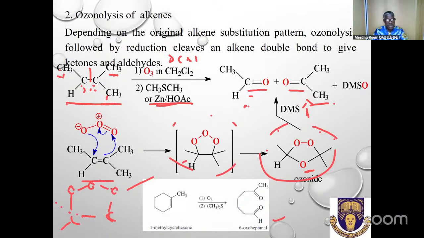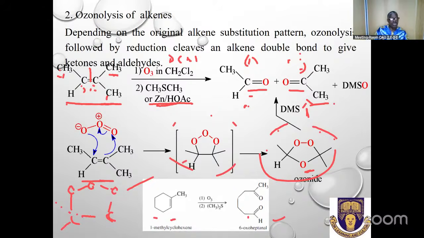When you have a cyclic alkene, this is 1-methyl-cyclohexene. When you subject it to ozonolysis, the complete product, we have one product here, unlike up here where we have two products, one aldehyde, one ketone.